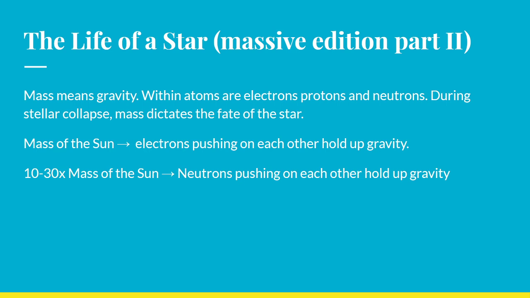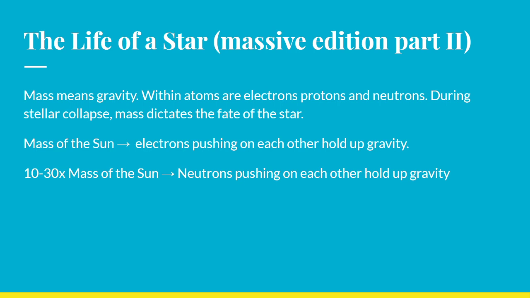With a star that has the mass of our own sun, the negatively charged electrons pushing on each other help to hold the white dwarf star up against gravity. Gravity wants to compress things more and more, but something's holding it up, always. In stars like our own, when its life is done, the electrons will hold it up against gravity, pushing back.